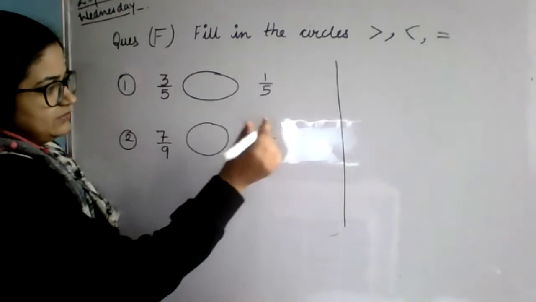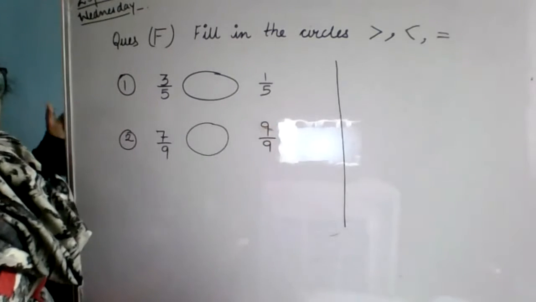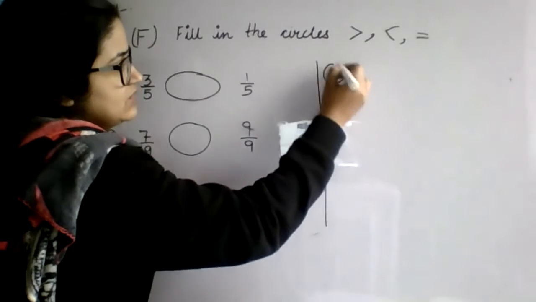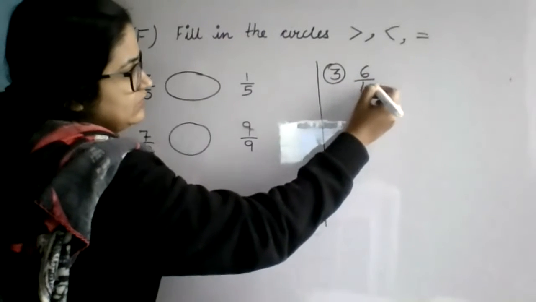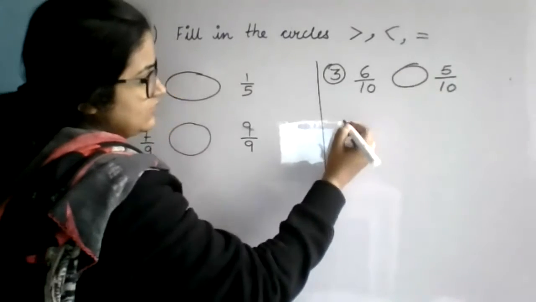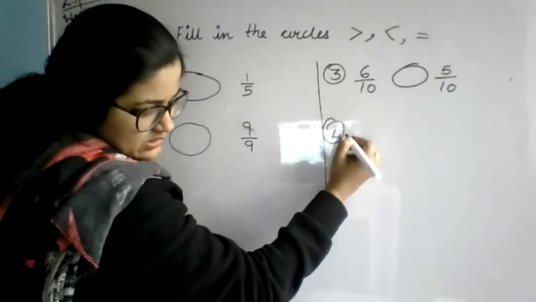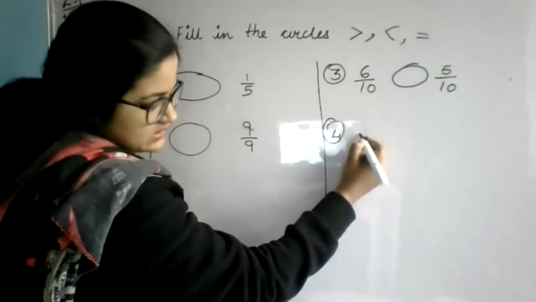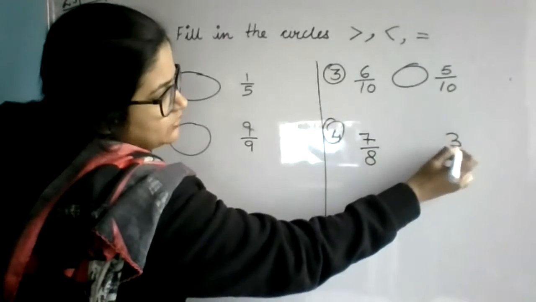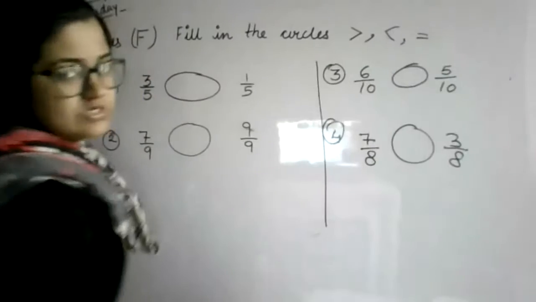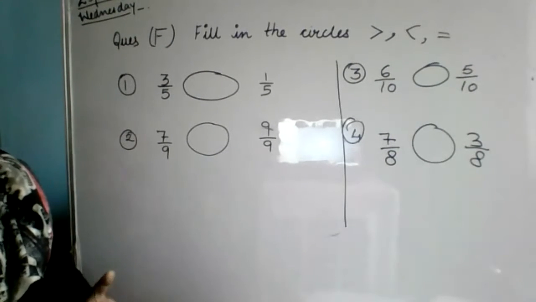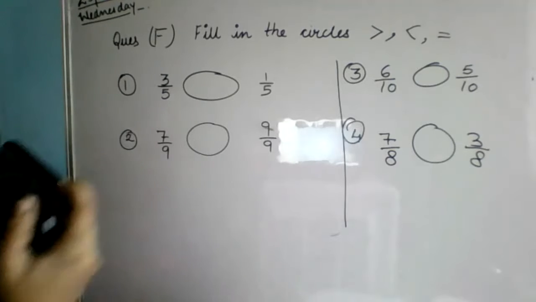Sorry, let it be 9 upon 9. 3: 6 upon 10, 5 upon 10. Number 4 is 7 upon 8 or 3 upon 8. Just do it quickly, everyone. I know this one is very easy. Do it quickly.